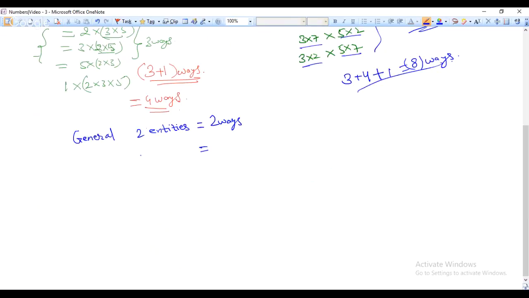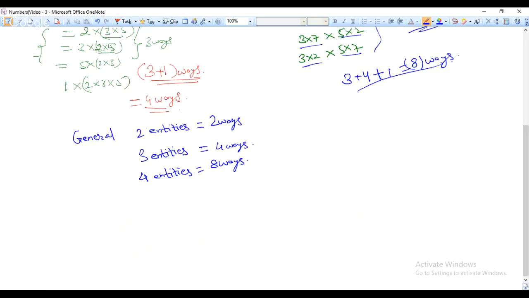The general formula of taking three entities gave us four ways, correct? And the general formula of taking four entities gave us eight ways.